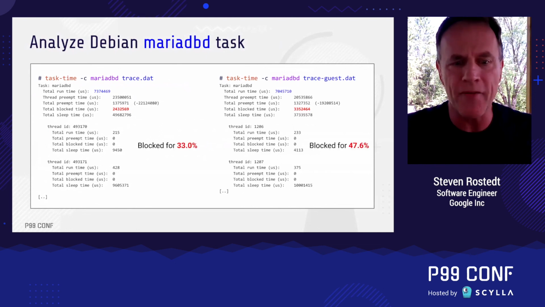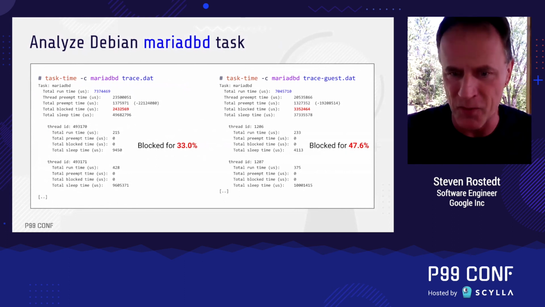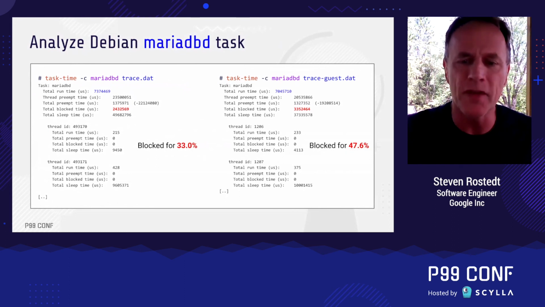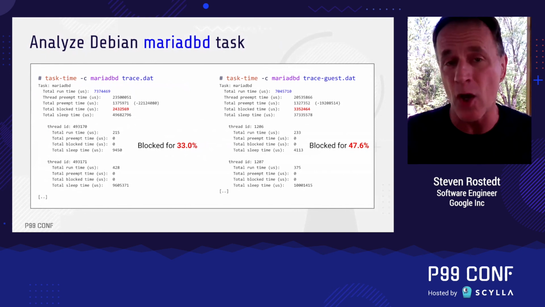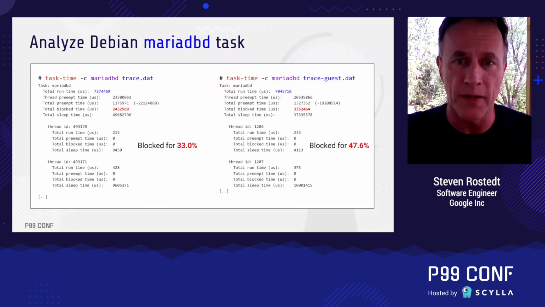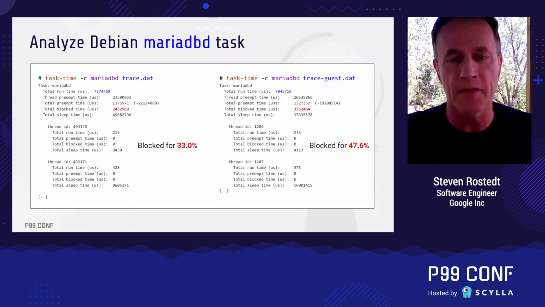So it was blocked for 33% of the run, and it has a full runtime, showing how long it was running at the top there. And on the guest, it was blocked for 47% of the time. So I can now know that there's probably some I/O issues happening on the guest that's not happening on the host. And this gives me an idea of where to look.